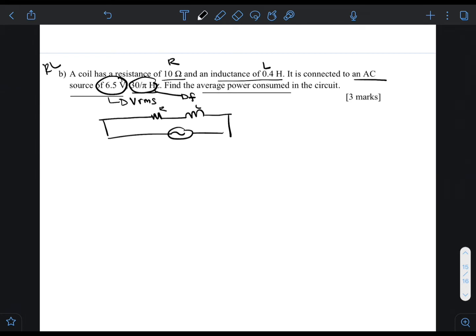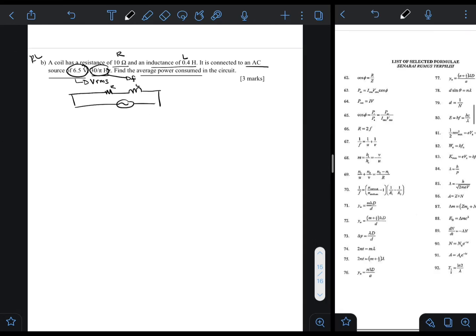Okay, to find the average power consumed here, we must first identify what is the equation for power lah kan. So look at our list of formula here. Given to us the average power, P average, is given as I RMS V RMS cos phi.